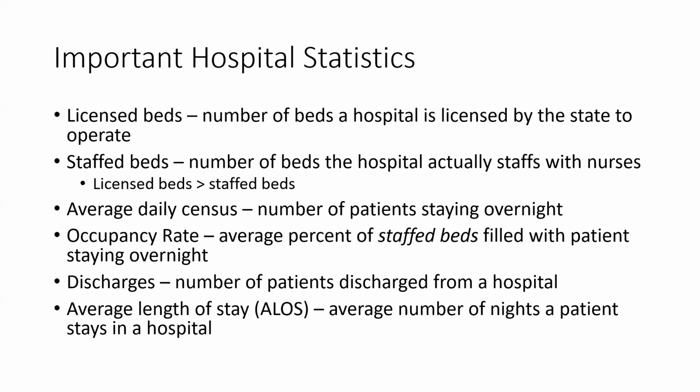So I want to say Catholic Medical Center has the authority to operate something like 350 licensed beds. Maybe it's more than that, right? But they actually only staff, say, like 220 beds, right? So the number of licensed beds is the maximum number of beds that a hospital can operate.